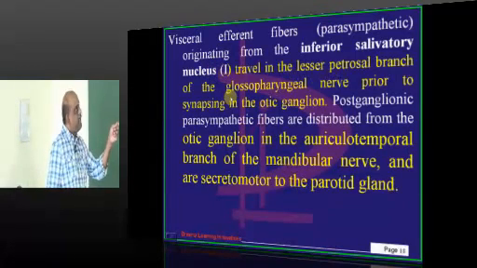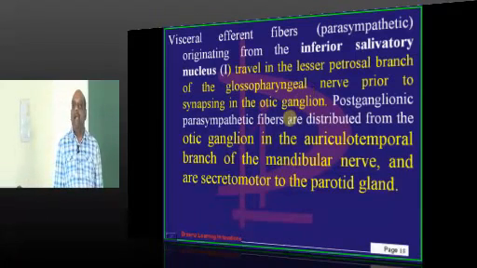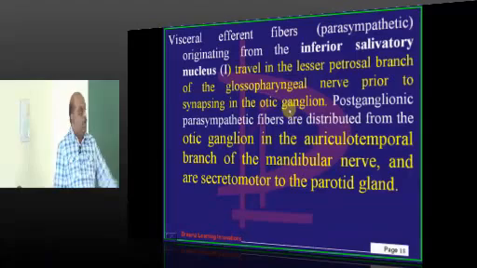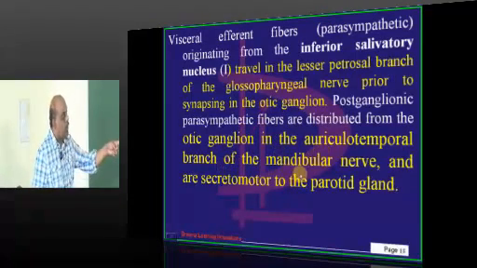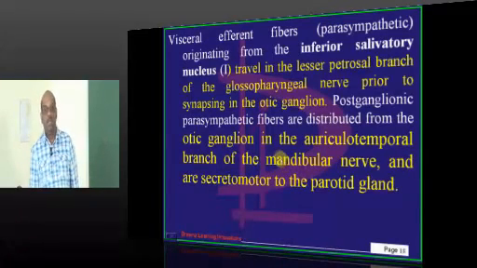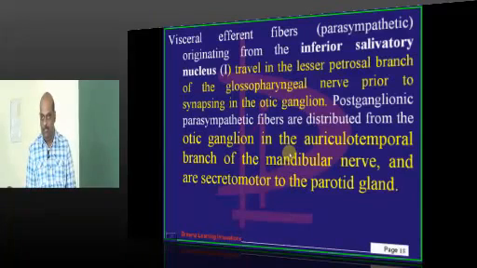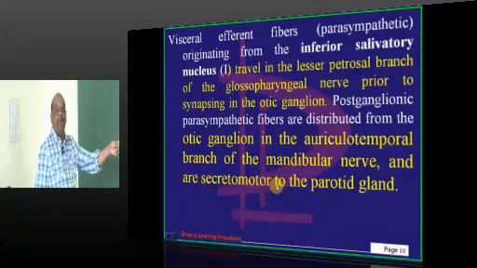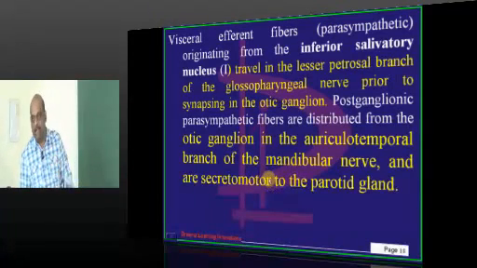They travel in the lesser petrosal branch of the glossopharyngeal and synapse with the otic ganglion. From the otic ganglion, postganglionic fibers travel along with the auriculotemporal division of the mandibular division of the trigeminal, and they finally give the secretomotor fibers to the parotid gland.